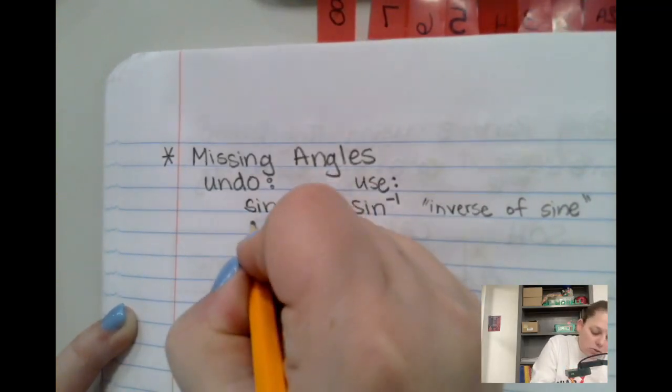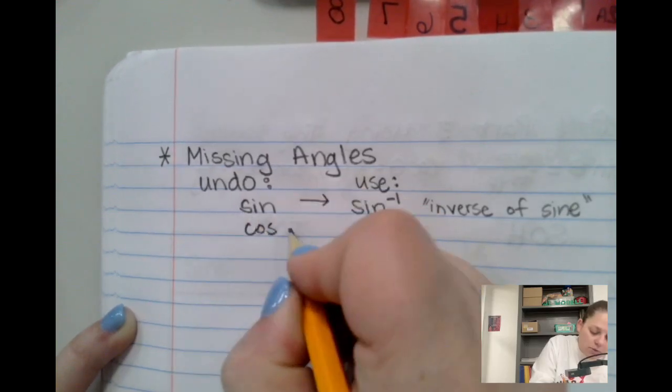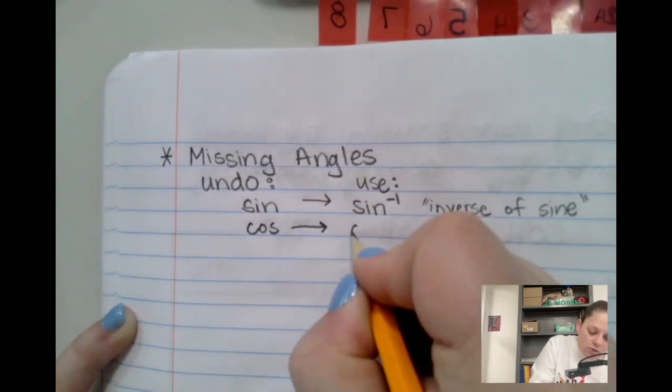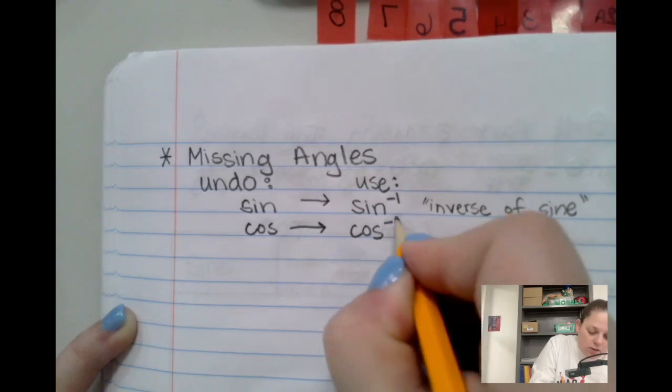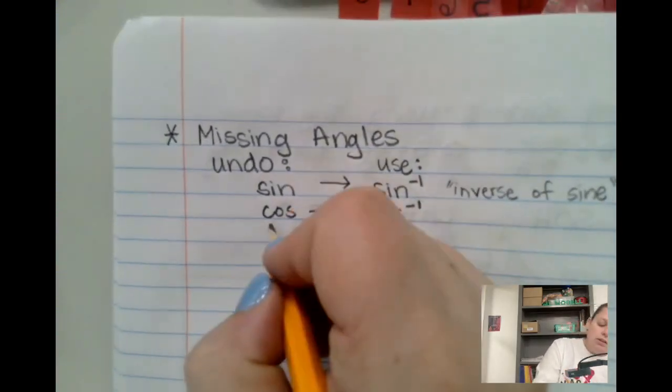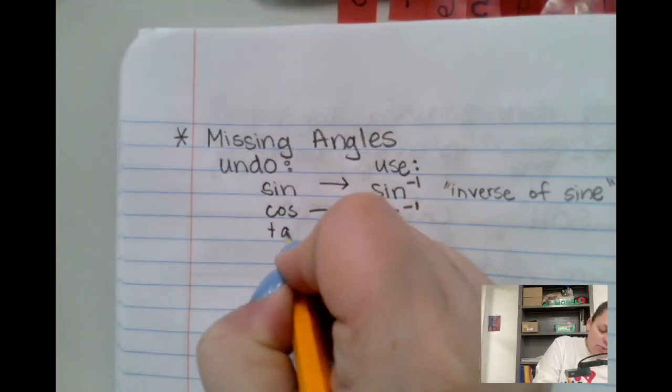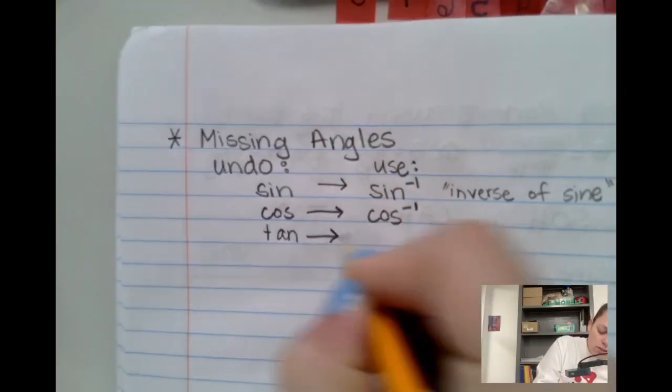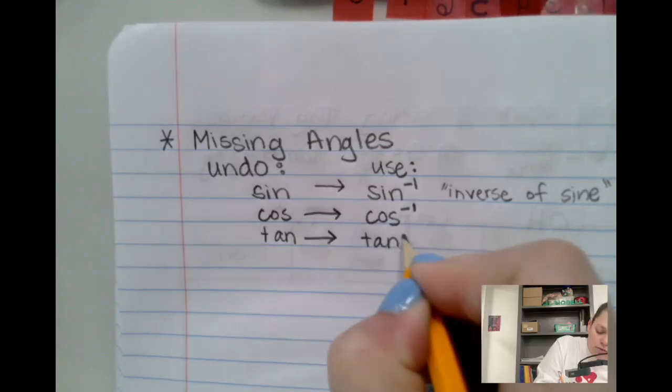To undo cosine, we use the inverse of cosine. And not surprisingly, we have tangent, and to undo tangent, we use inverse tangent.